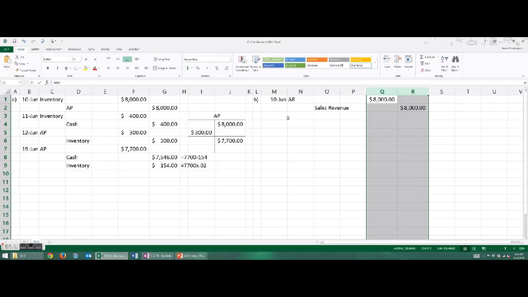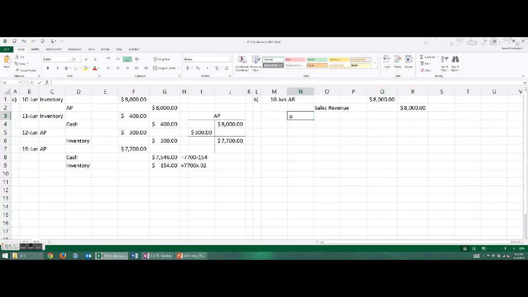But, and this is one thing it's easy to forget, there's another entry, because we also need to report cost of goods sold expense. On the books of the seller, there's a second entry. Cost of goods sold expense. I may in the future abbreviate that COGS, but for the time being we'll write it out.